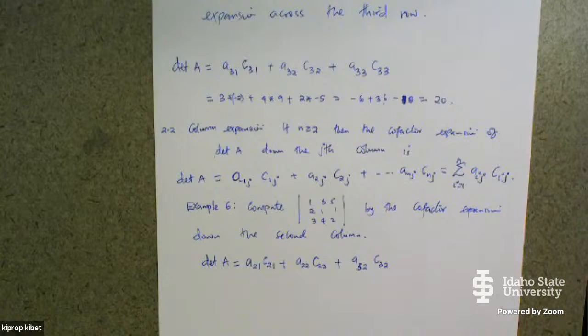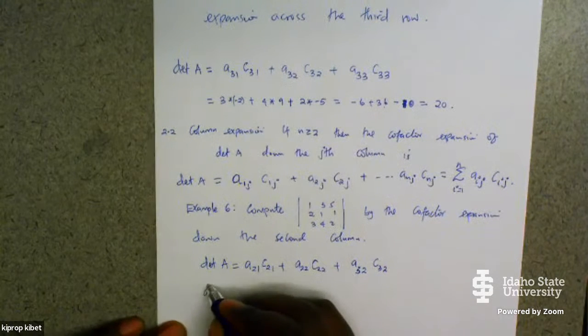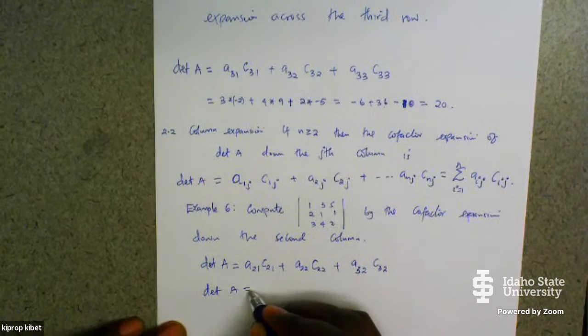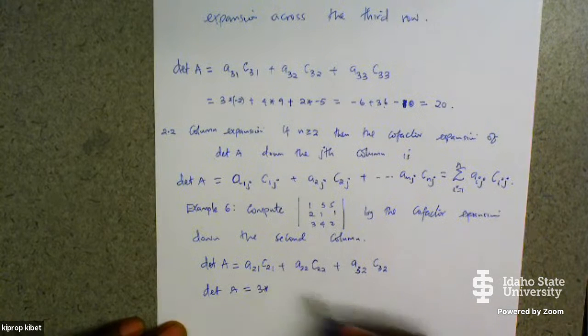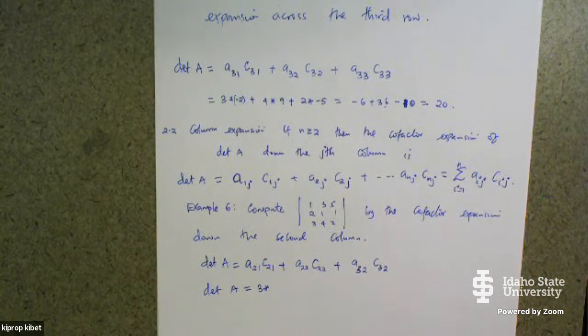So therefore, the determinant of A is now equal to A21, which is 3, multiplied by C21. C21 is what? 14.